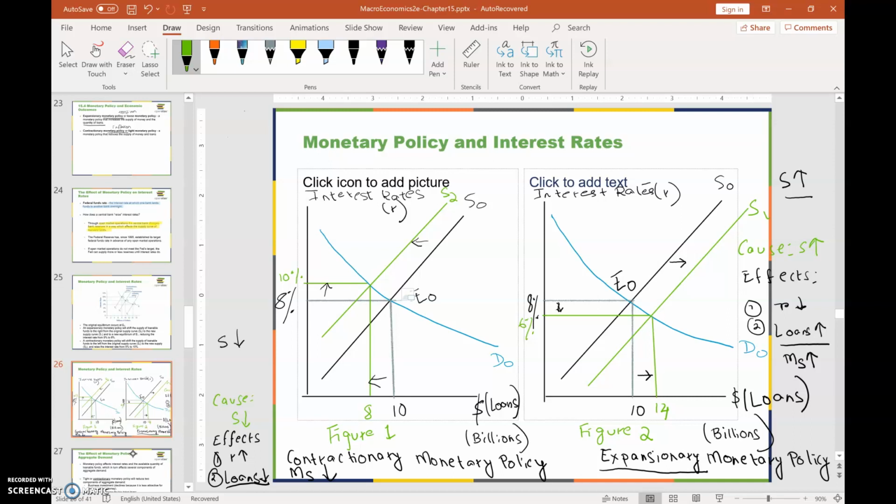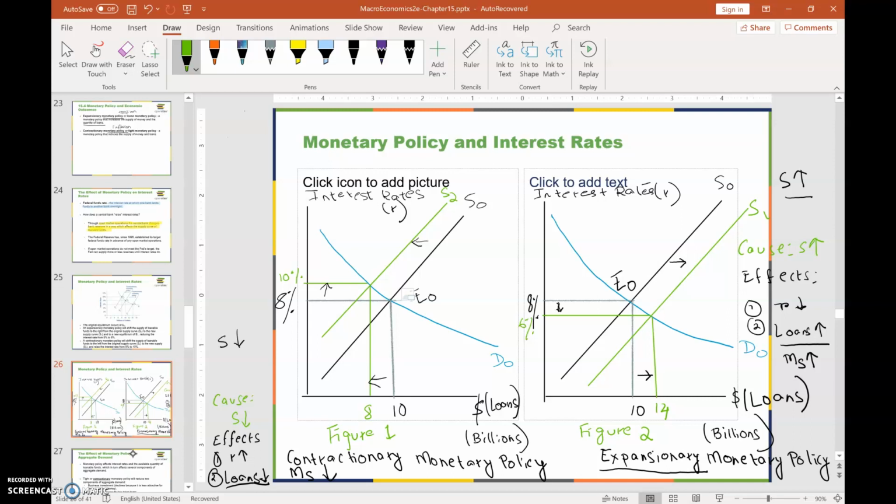Now, if you look at figure 1, the Federal Reserve Bank is undertaking contractionary monetary policy. The way it does that is by decreasing the quantity of loans so that the supply curve for loans shifts to the left, and we have a new equilibrium point, which increases interest rates and decreases the quantity of loans.